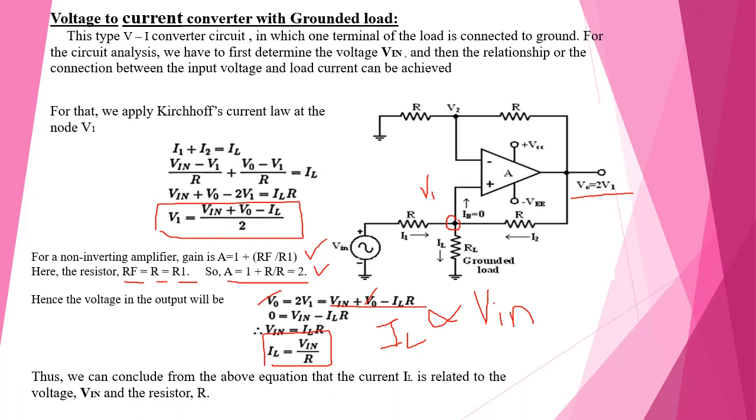Finally, we can conclude that IL is directly proportional to VIN. This is called a voltage to current converter.